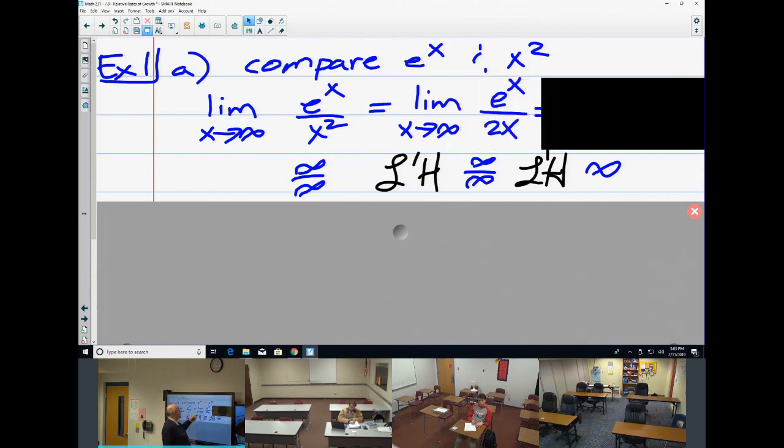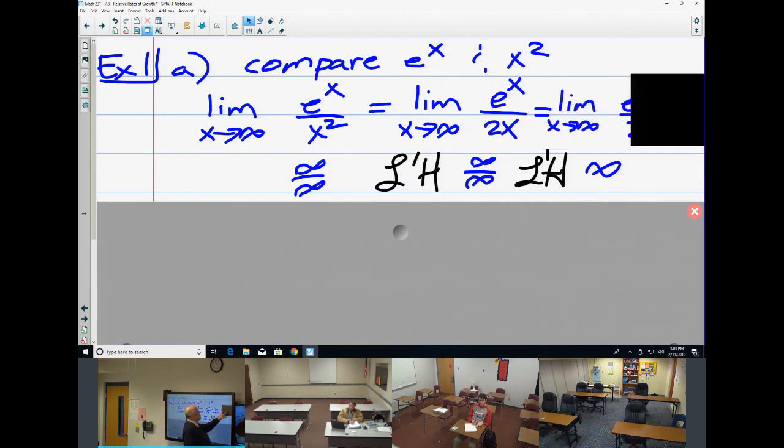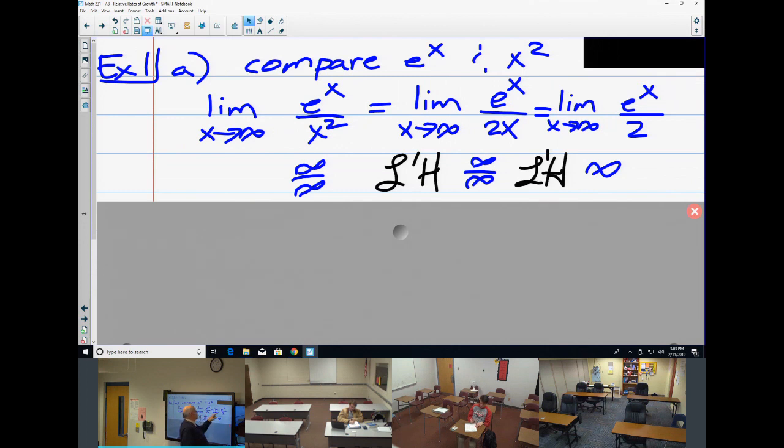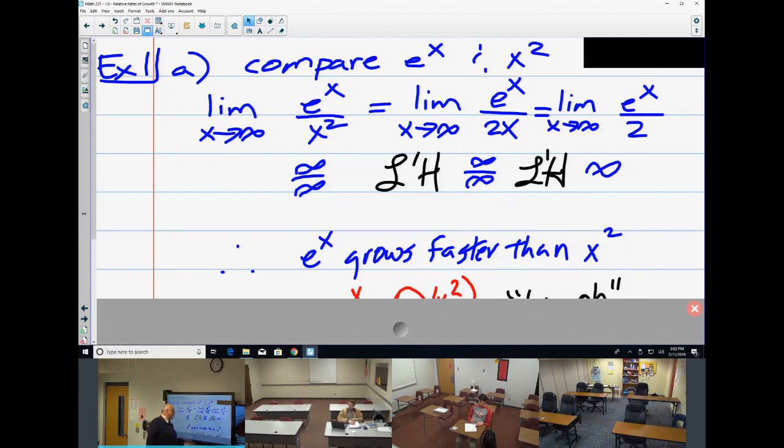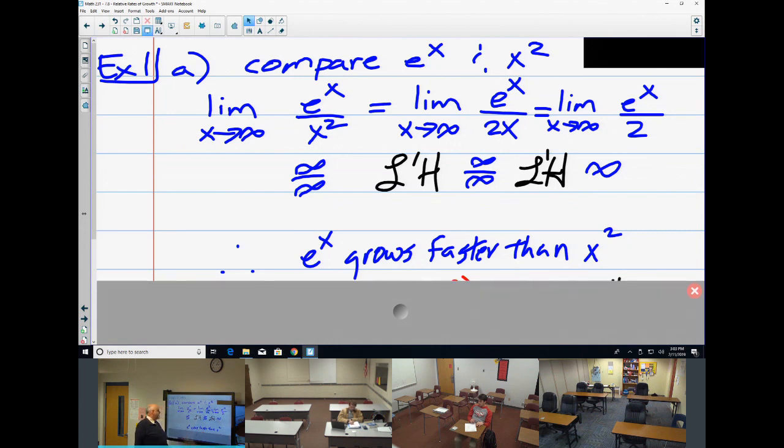The derivative of x squared is 2x. That's going to get me infinity over infinity, so I use L'Hopital's rule again. This time, the derivative of the numerator is e to the x, but the derivative of the denominator is just 2. And so that answer is just going to be infinity. Now, if you get infinity as your answer, then that means the numerator wins. And so we say e to the x grows faster than x squared.